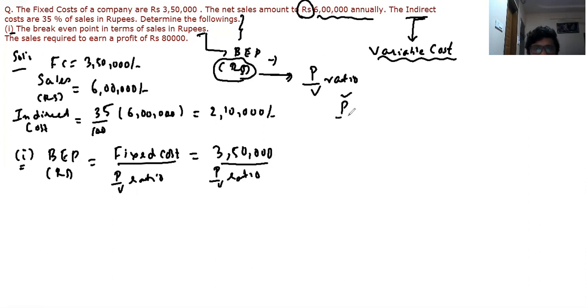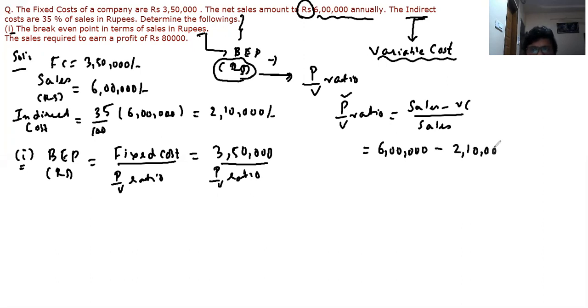So P by V ratio expresses the relationship between contribution and sales. So the P by V ratio is given by sales minus variable cost divided by the sales, the total sales minus total variable cost divided by the total sales. So the sales is given as 6 lakhs, minus the variable cost or the indirect cost, which is given as 2 lakhs 10,000, divided by 6 lakhs.